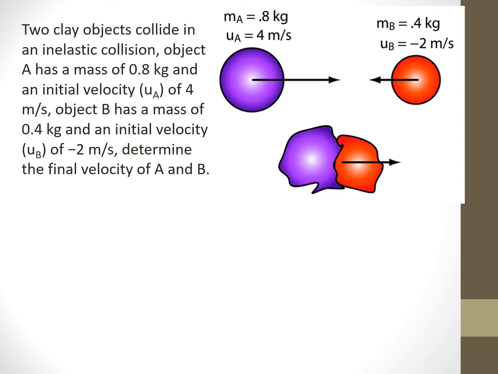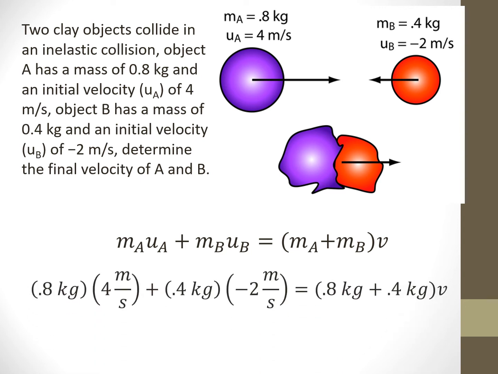Determine the final velocity of A and B. Using our equation for inelastic collision, MAUA plus MBUB is equivalent to the quantity MA plus MB times V. Substituting our given quantities in the equation, we now have a final velocity of 2 meters per second.